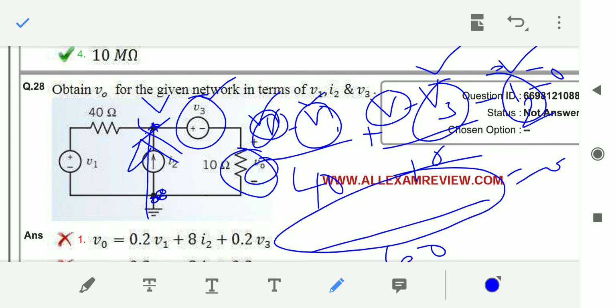So V is equal to V3 plus V0. Wherever you have this V value, just replace it with V3 plus V0.